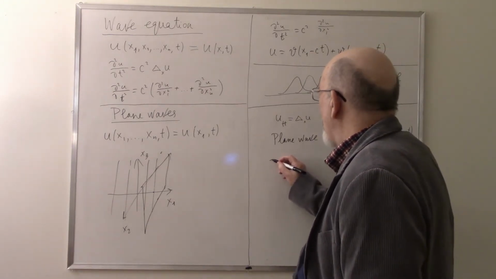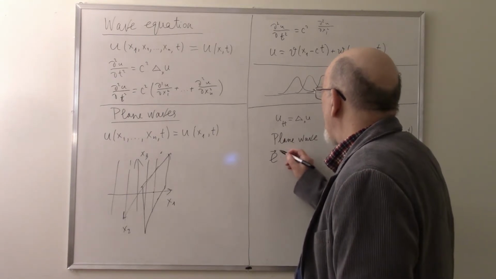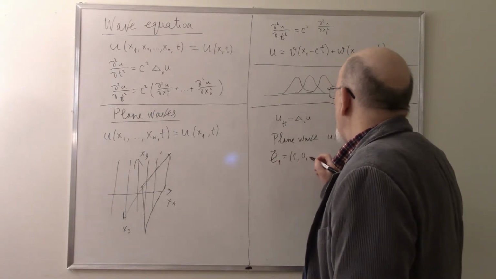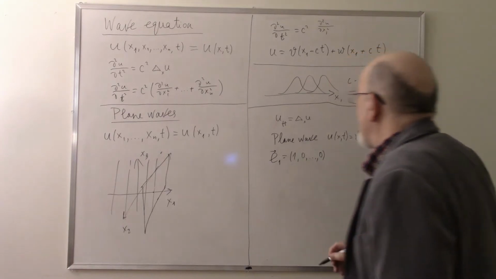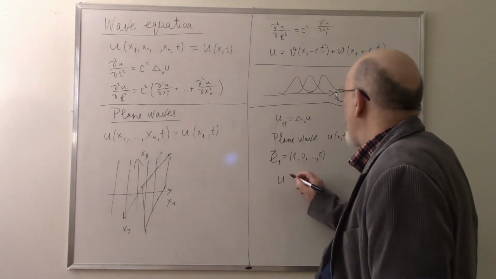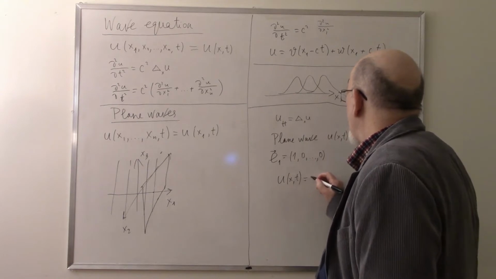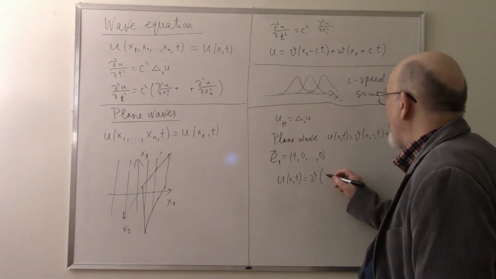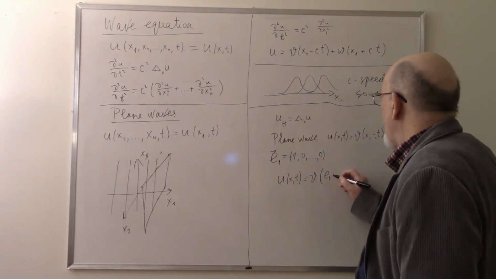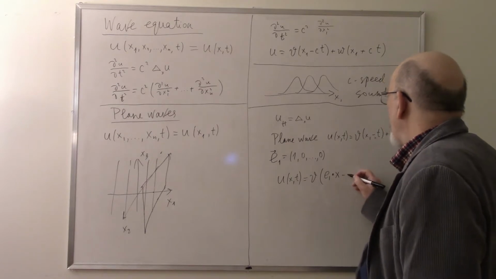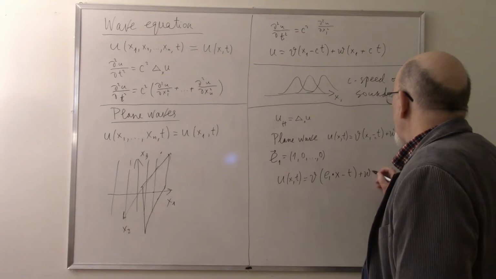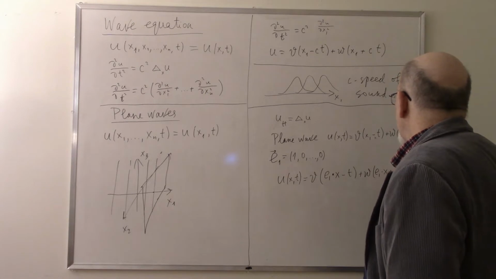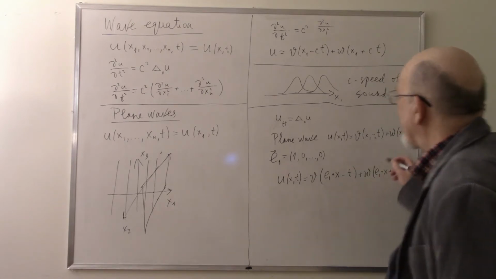Let us introduce the vector E1 equals 1, 0, and all other zeros. And then you have u of x, t equals v of E1 dot x minus t plus w of E1 dot x plus t. It is the same.